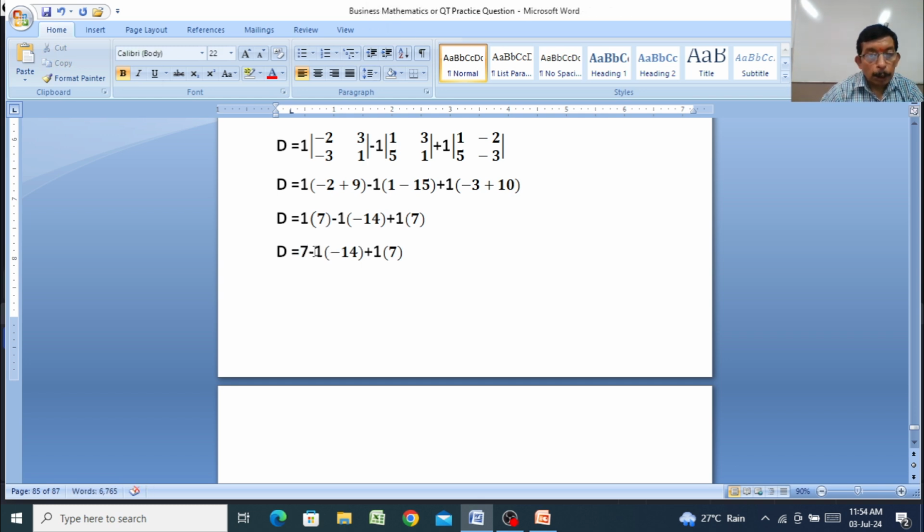Minus minus plus 14. Plus 14. 7 into 7 plus 7. Then the value is d is equal to 28.